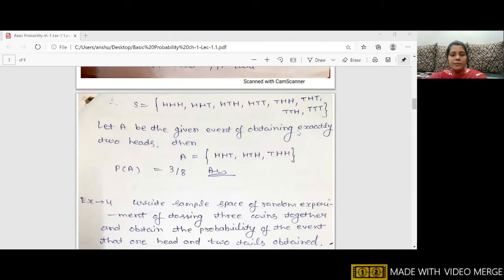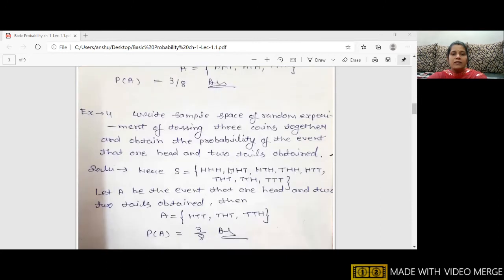The favorable event, exactly two heads, is 3. So the probability of A is equal to 3 by 8, favorable event divided by total event. This is our final answer.